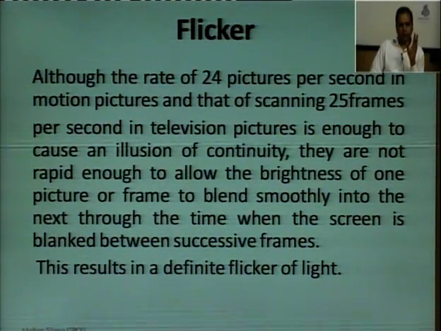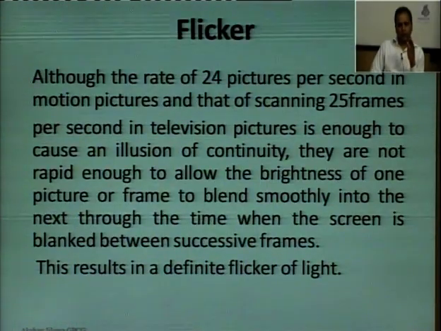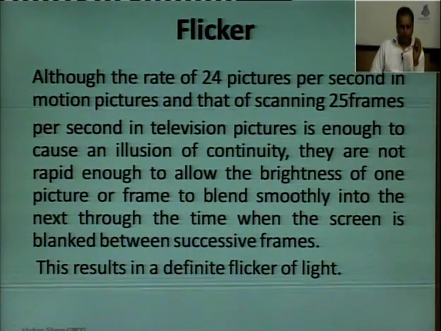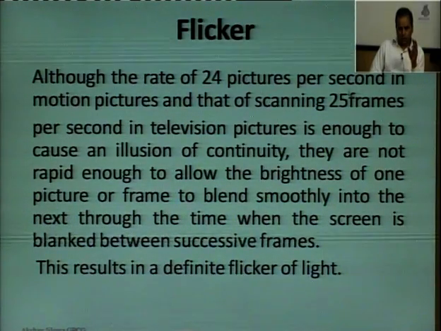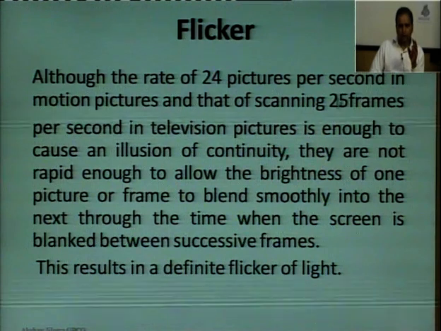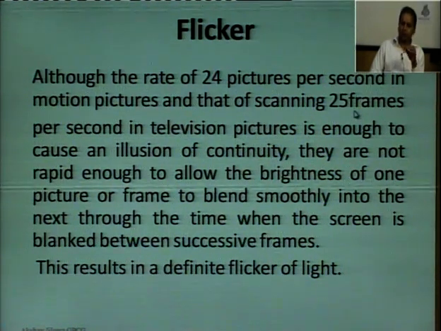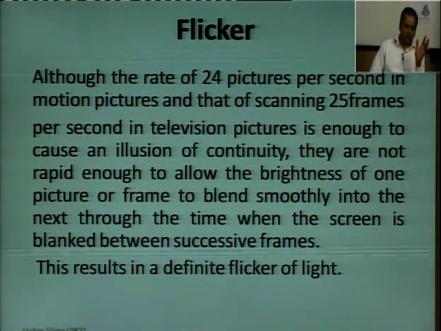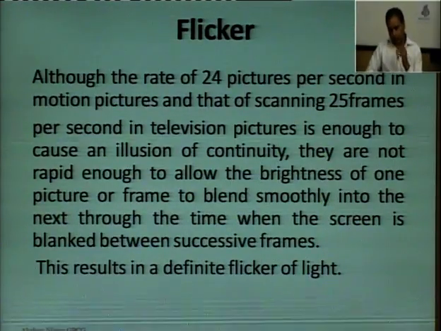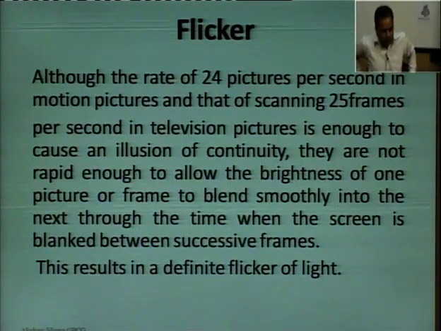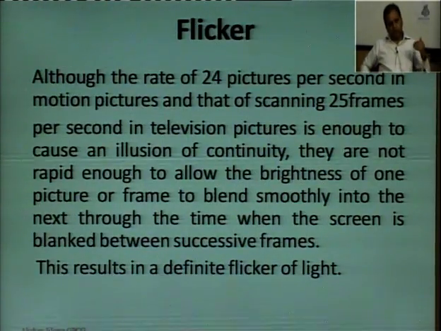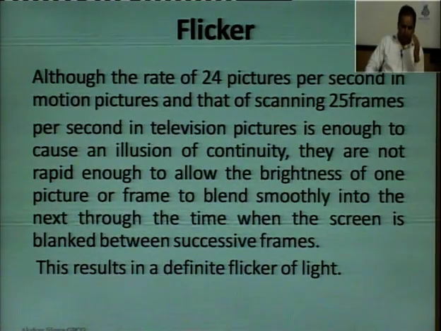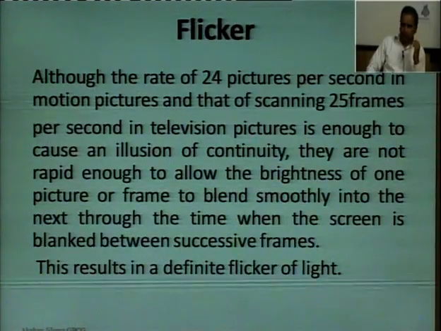Similarly, a flicker can also exist in a television system. The rate of scanning 25 frames per second is enough to cause an illusion of continuity, because 1/16 of a second is the time for which a particular picture persists on the retina of the eye.